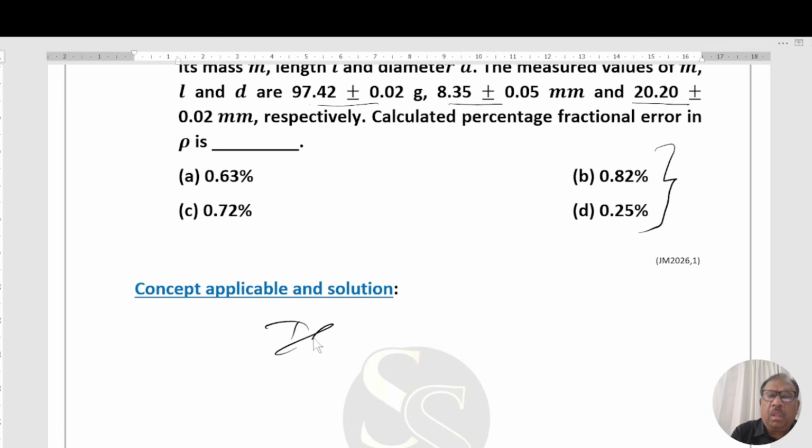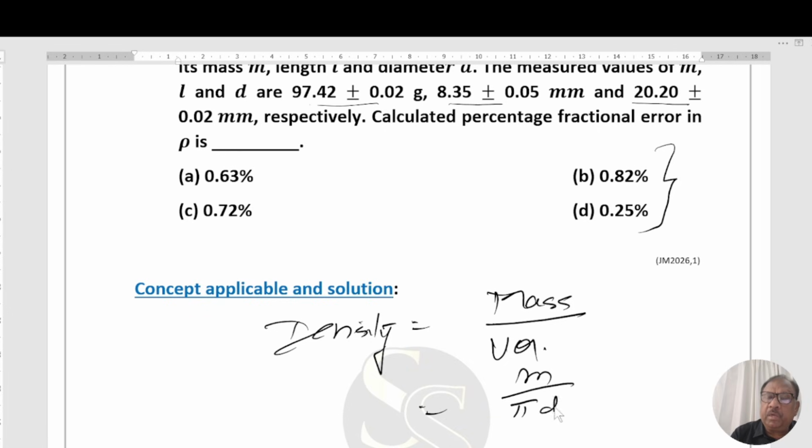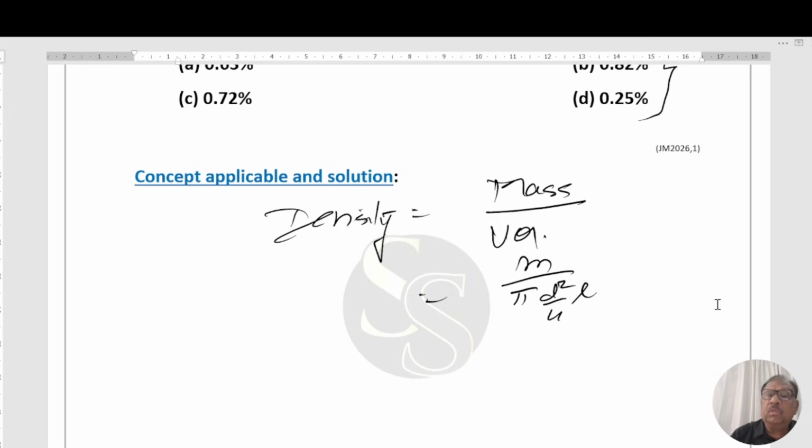Density equals mass upon volume, that is mass m upon pi d square by 4 into L. This comes out to be 4 m upon pi d square L, that is rho.